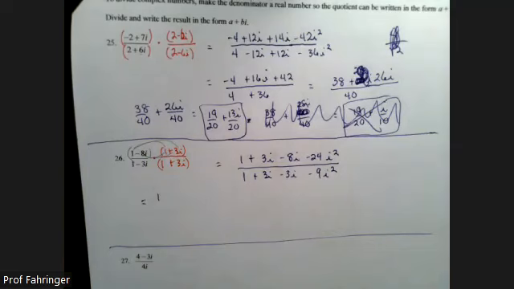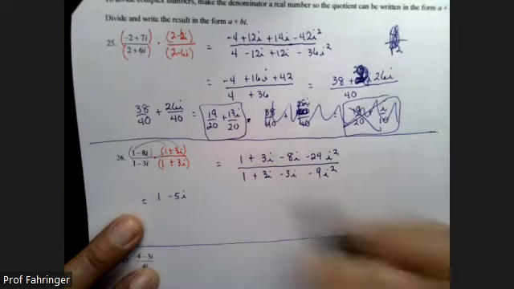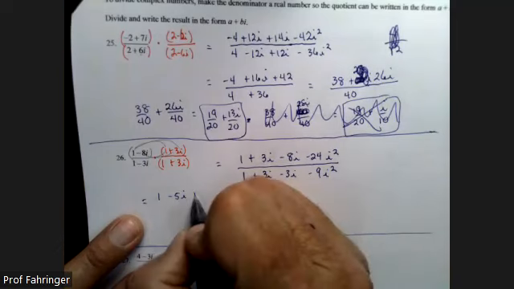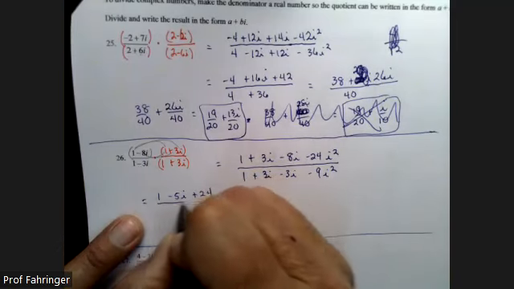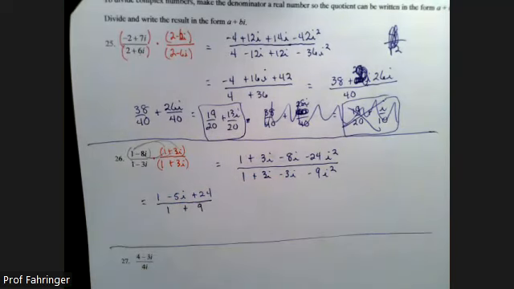Do the same for the denominator, but now in the numerator, I get 1 minus 5i plus 24 over 1 plus 9.